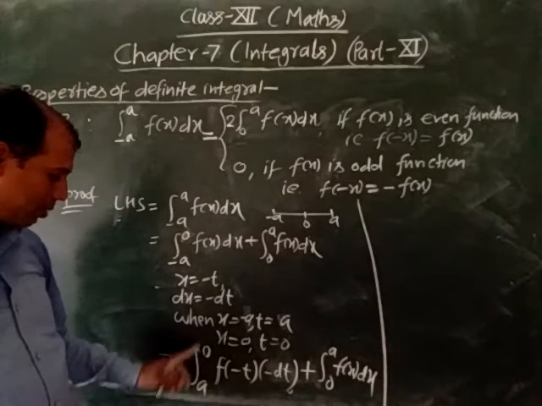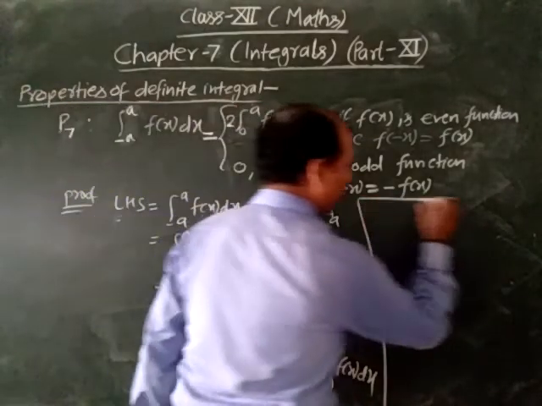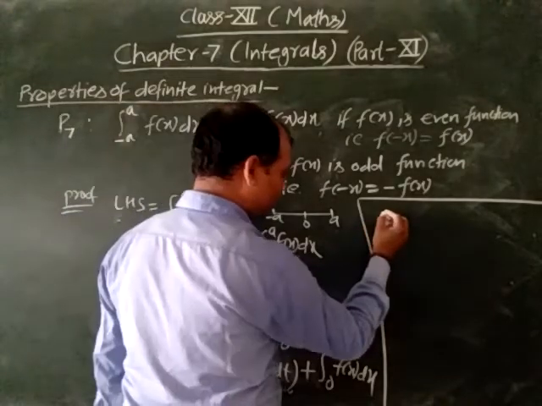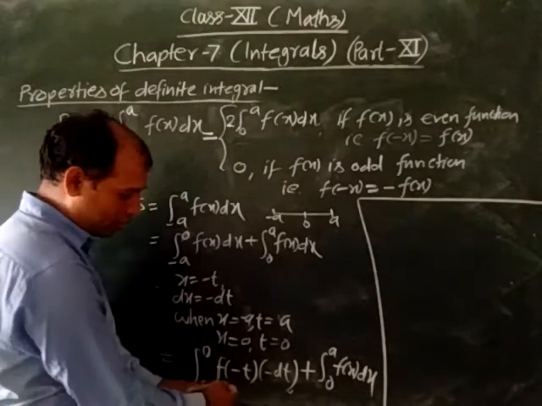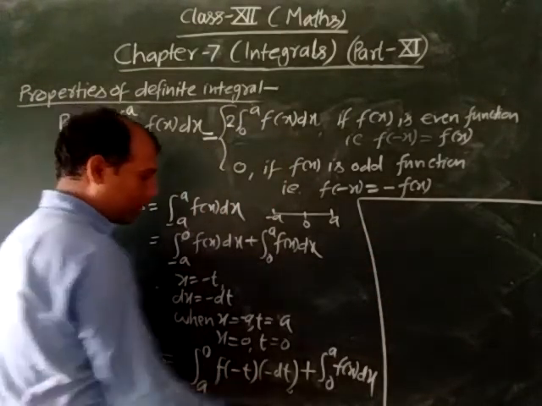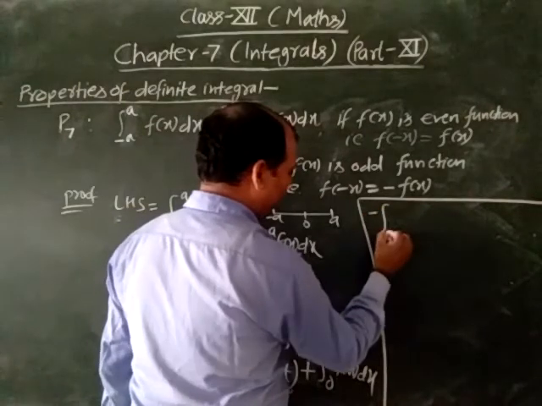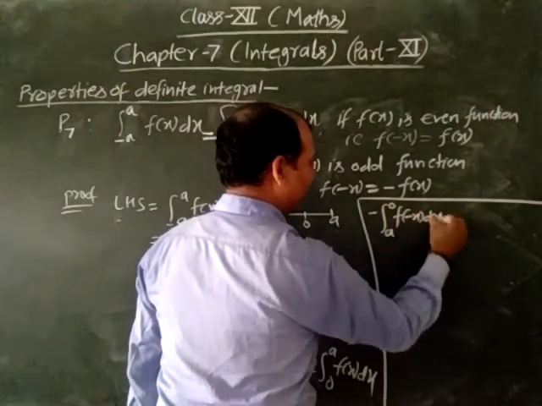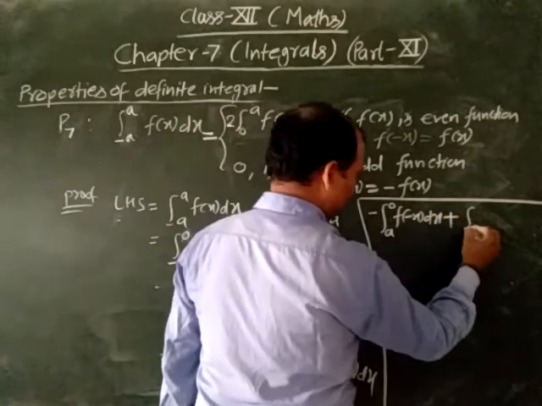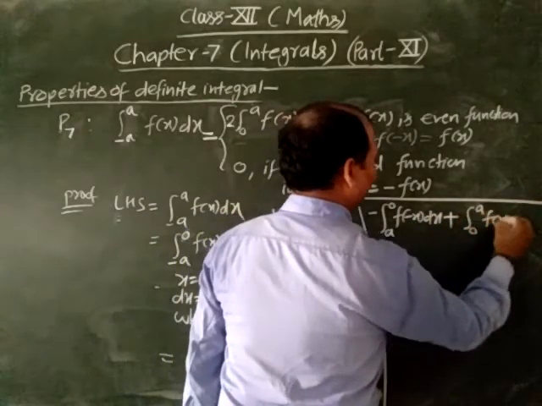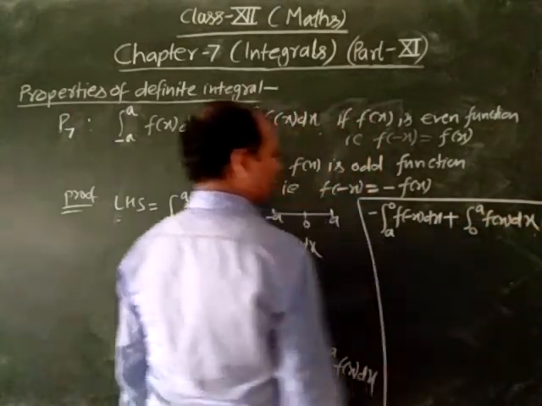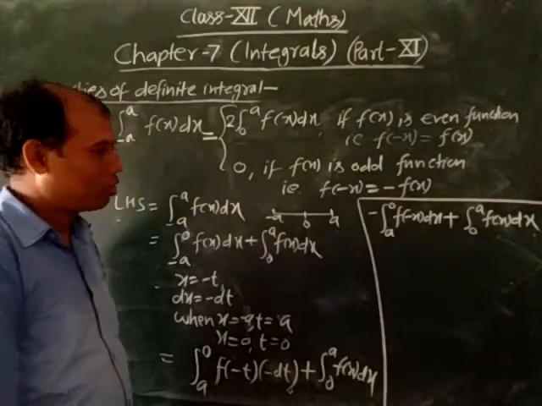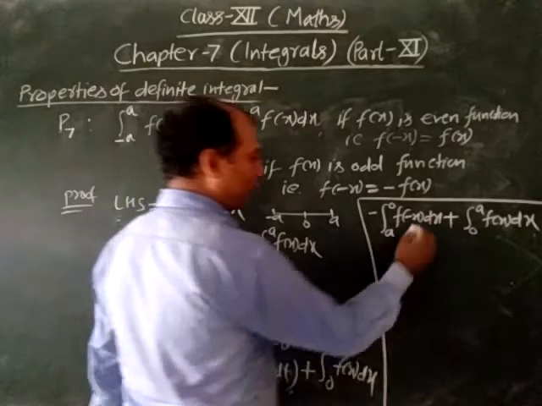Now we interchange the limits. First we change the variable of this integral, then we get the integral from a to 0 of f(minus x) dx plus the integral from 0 to a of f(x) dx. This is done by property P naught.